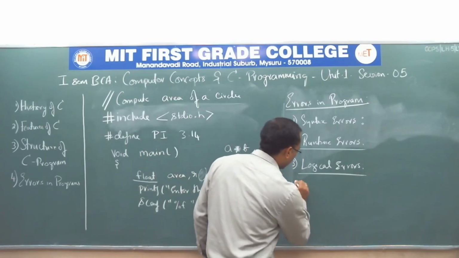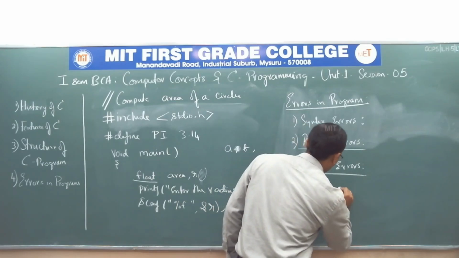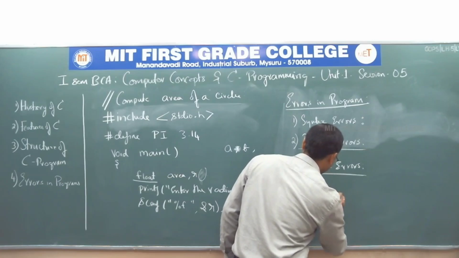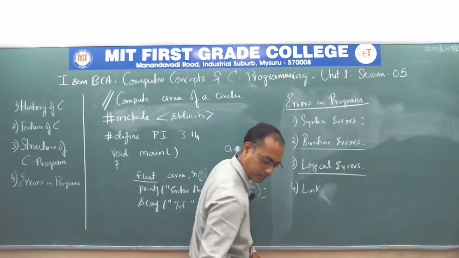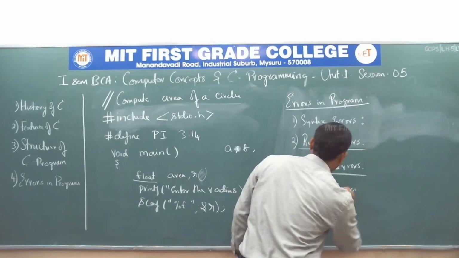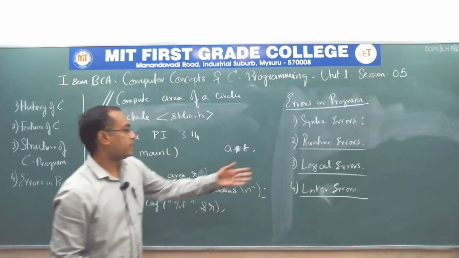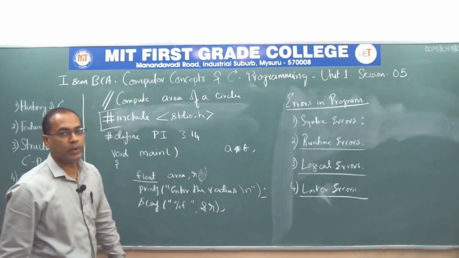And the last kind of error is called a linkage error or linker error. As you can see, linking is nothing but this part of the C program.